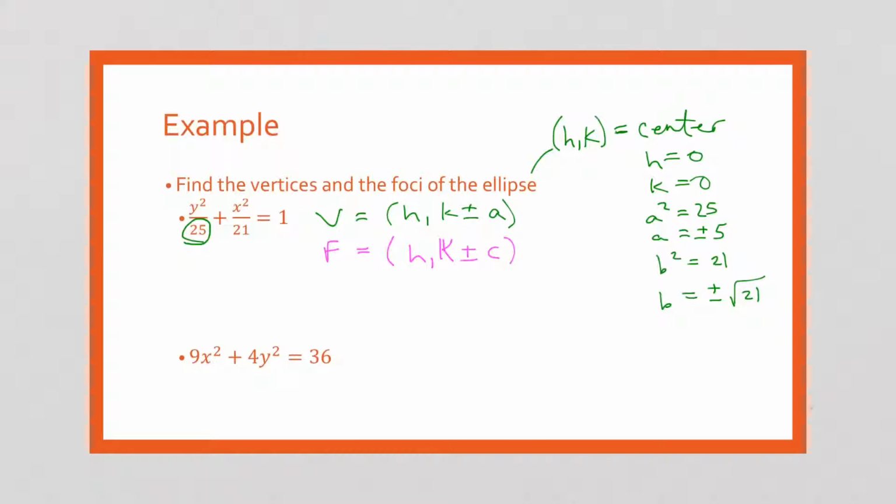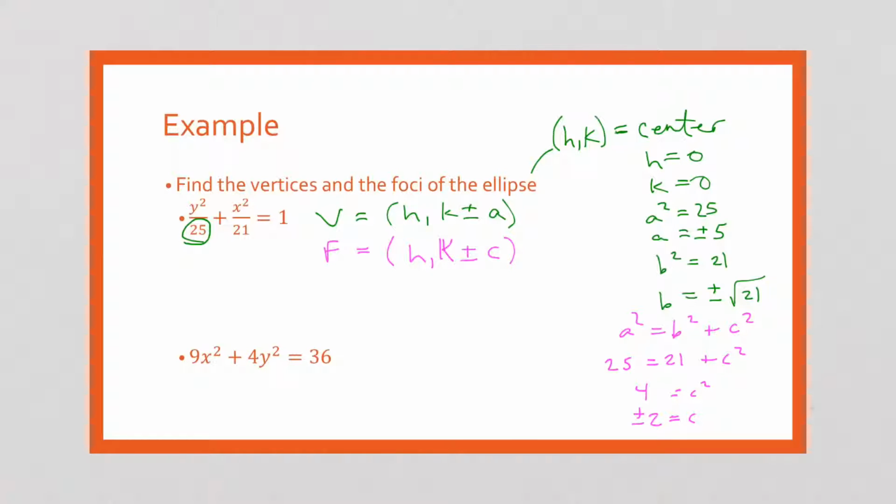And so we have that Pythagorean relation: a squared equals b squared plus c squared. Well, c is what I'm looking for. A squared was 25. B squared is 21. C squared equals 4. So c equals plus or minus 2.